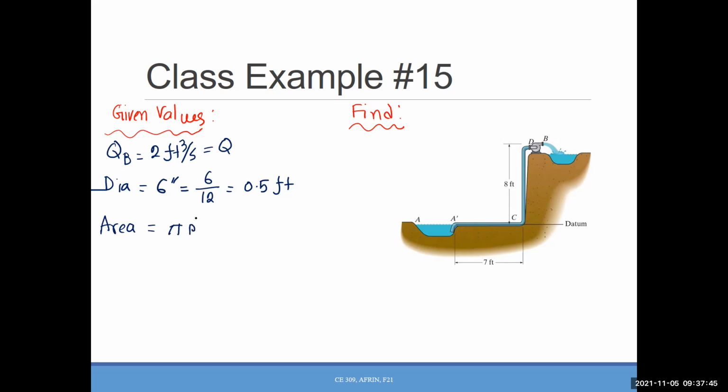So area is pi r squared, and you can calculate the velocity also, Q over A. I will make a star here, since those were not given values, but we can calculate them. Is there anything else given for this problem?